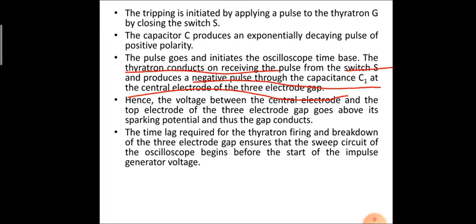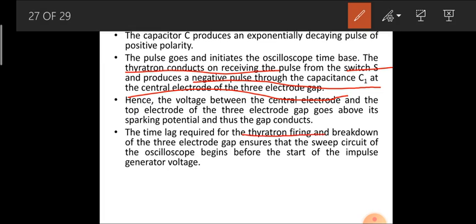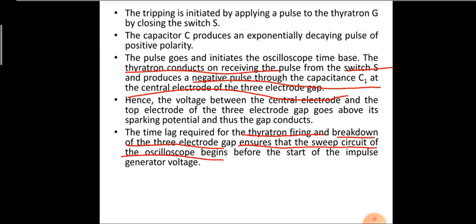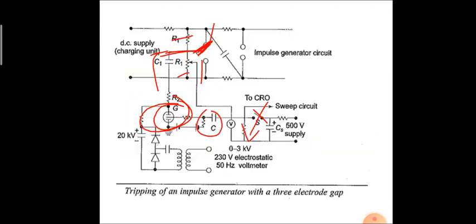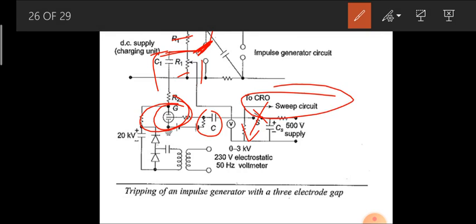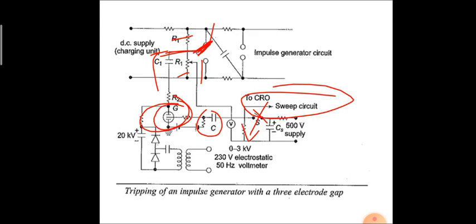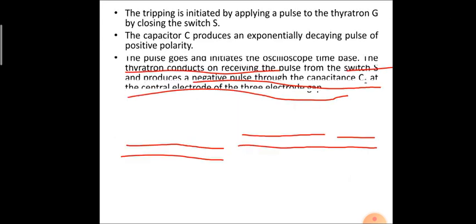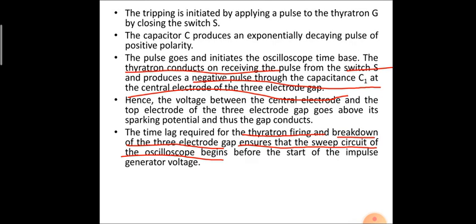Now here, the time lag required for the thyratron firing and the breakdown of the 3 electrode gap, it means the time between initiating the firing through the thyratron and the breakdown of the 3 electrode gap, ensures that the sweep circuit of the oscilloscope, which you can see here, begins before the start of the impulse generator voltage.